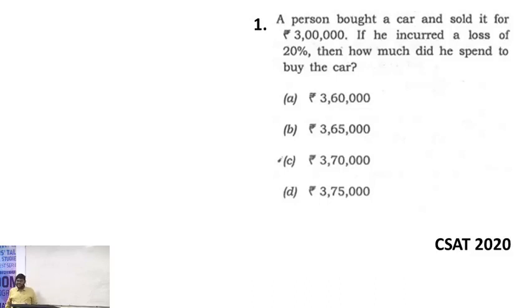Now try to understand what is given. CP is given, SP is given, or what is given? Percent of profit, percent of loss, what is given?